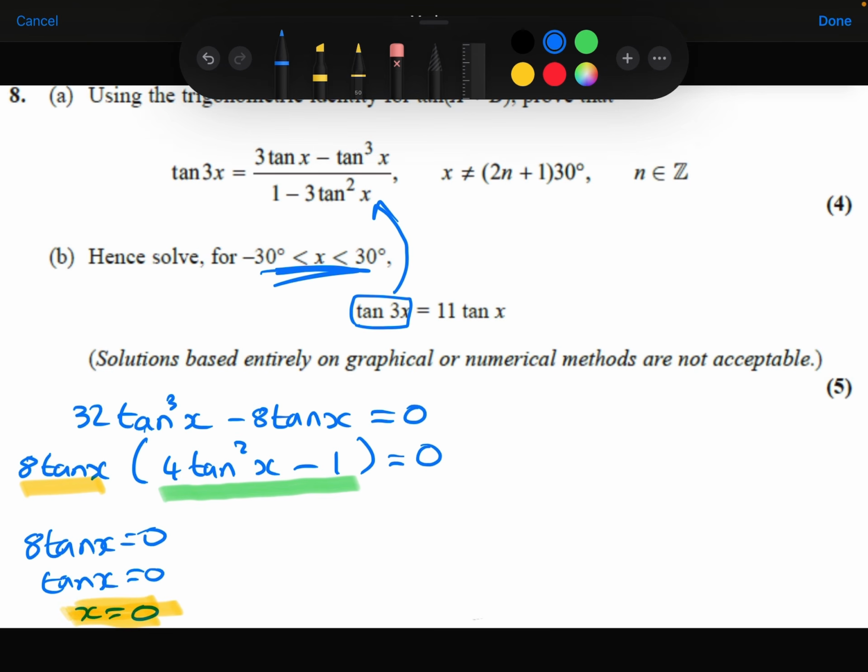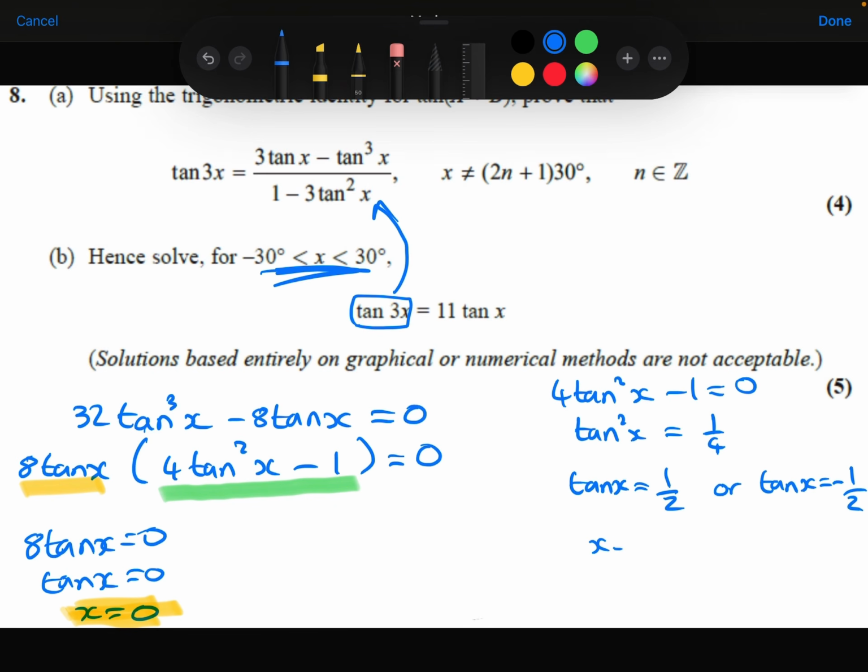Now we need to look at the 4 tan squared x minus 1 equals 0. So that means that tan squared x equals 1/4. Square rooting tells me that the square root of a quarter is either a half or minus 1/2.